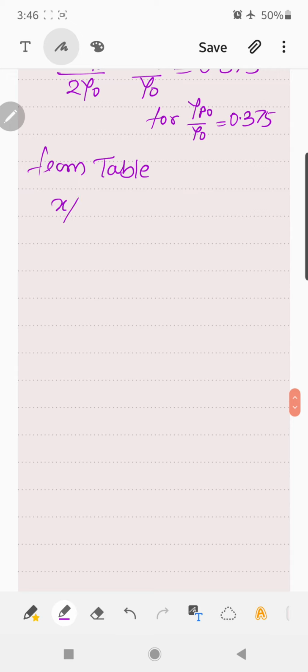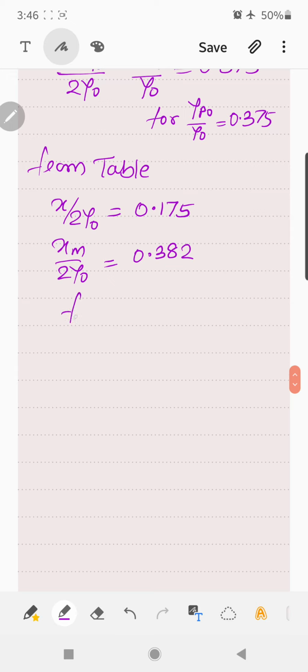x by 2 y naught equal to 0.175, xm by 2 y naught equal to 0.382, and f minimum by f as 0.285.